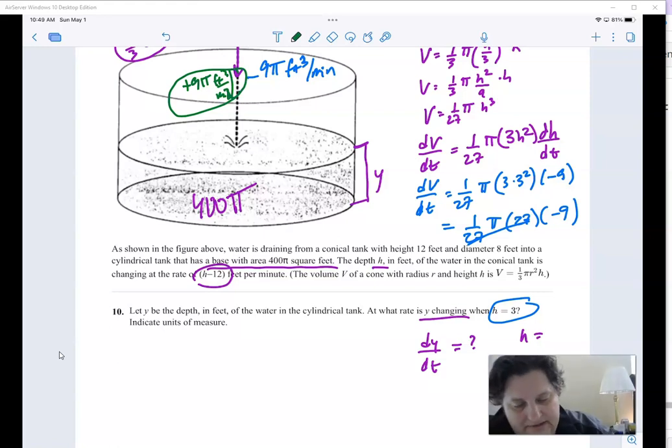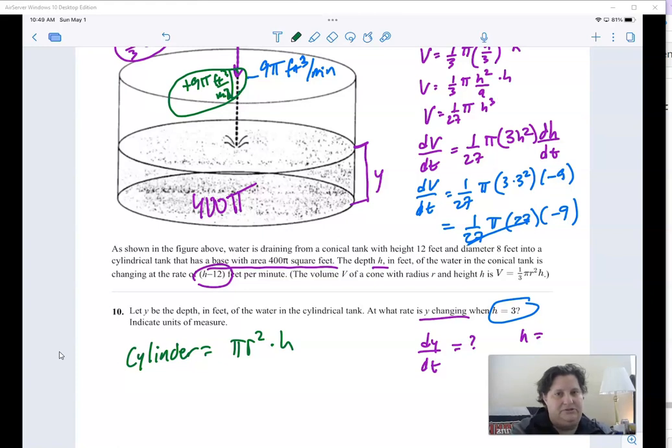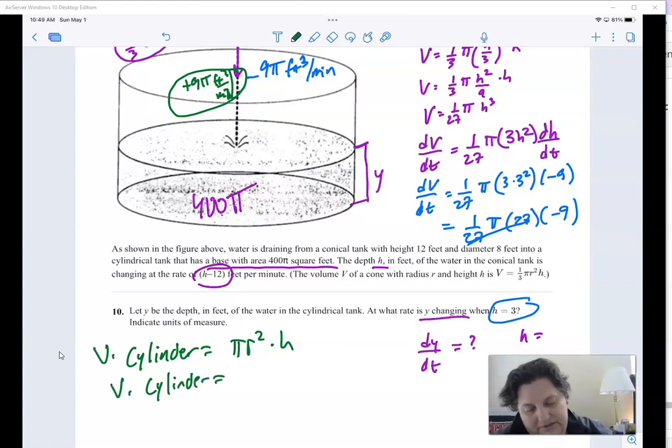Now, guys, the formula for a cylinder, like a soup can, it didn't really give us that, but the formula for a cylinder is the area of the base times the height. So it's this whole area, which is a circle, times the height. This is the volume of the cylinder, I should say.